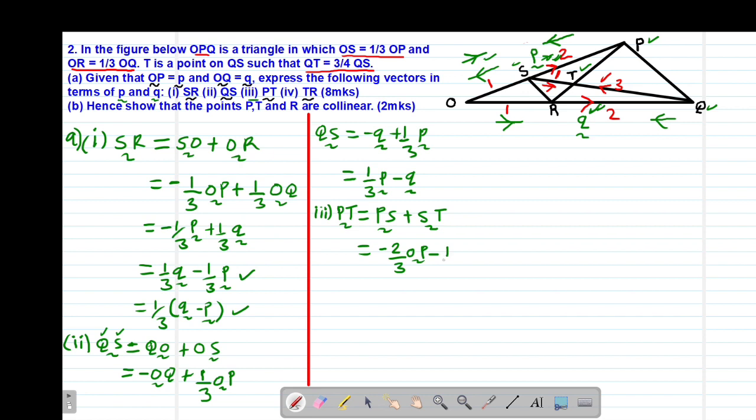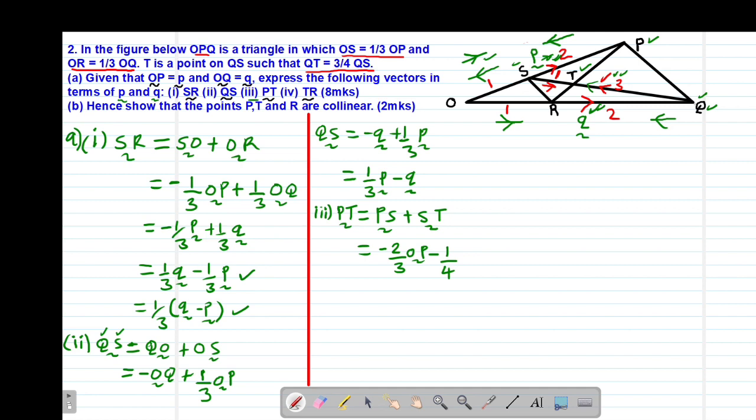So this will be 1 divided by the total ratio of this line, which is 3 plus 1, which is actually 4, of the original vector. The total line was Q to S, in relation to the original direction of our ratios. So the whole line was Q towards S. That is why we indicated this direction upward.